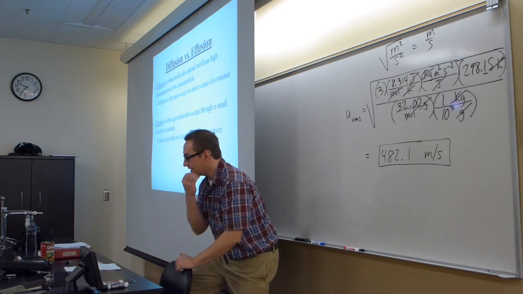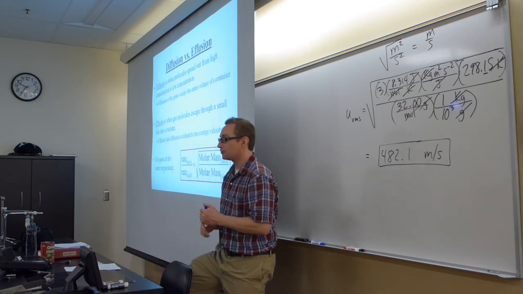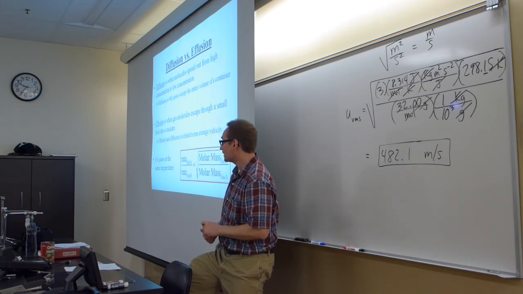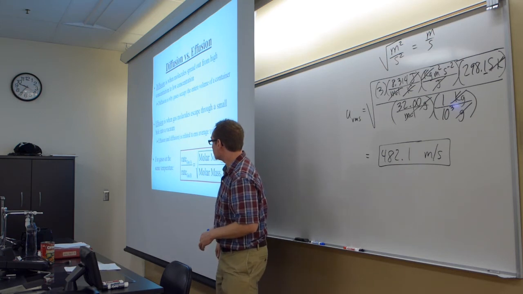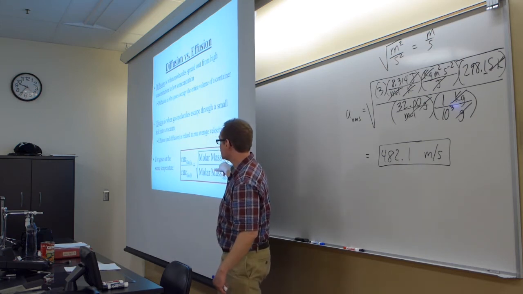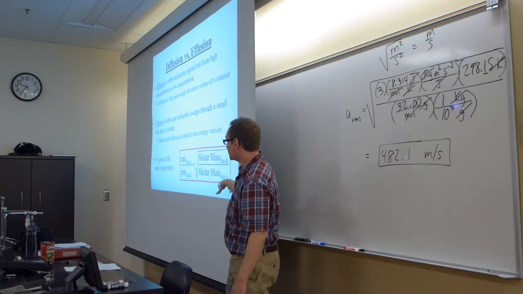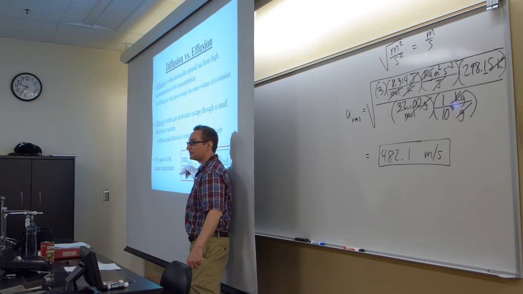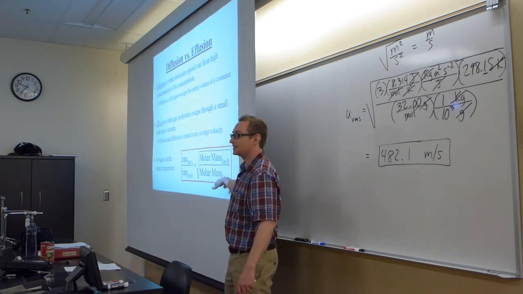So effusion is related to the root mean square velocity. This is the equation for effusion. The rate of gas A divided by the rate of gas B, and this is the rate of effusion, is equal to the square root of the molar mass of gas B over the molar mass of gas A. I want to point out that for the rate side, it's gas A over gas B, but for the molar mass side, it's gas B over gas A. So it's flipped.